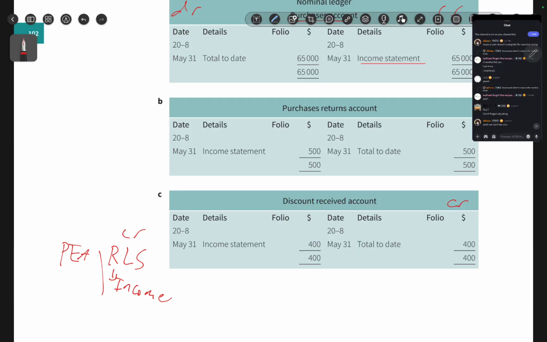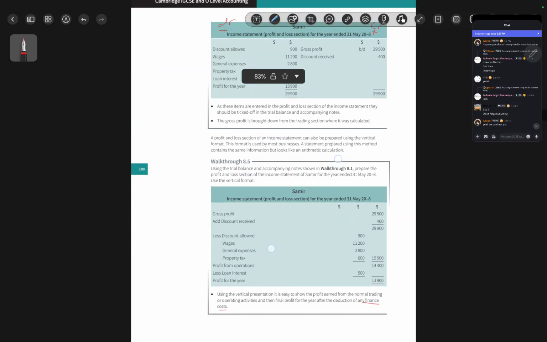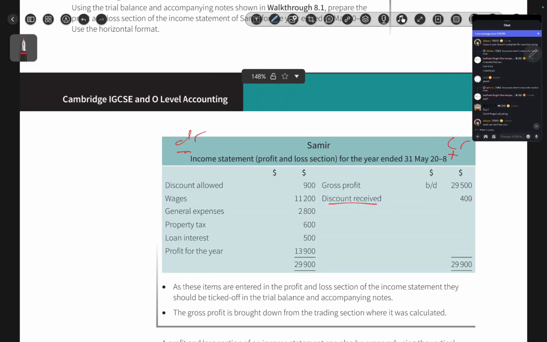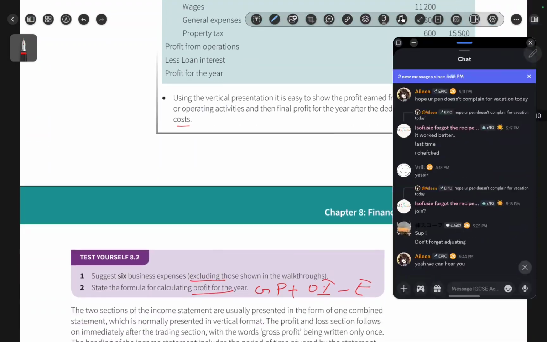Total to date is 400 and you want to reduce the amount, so you debit the account with income statement because you want to transfer it to the income statement. So this is basically transferring the entire discount received for the whole year to the income statement. And it being income statement coming on the debit side of the discount received account means that discount received will come on the credit side of the income statement. As you can see, on the credit side of the income statement, you have discount received, same value.